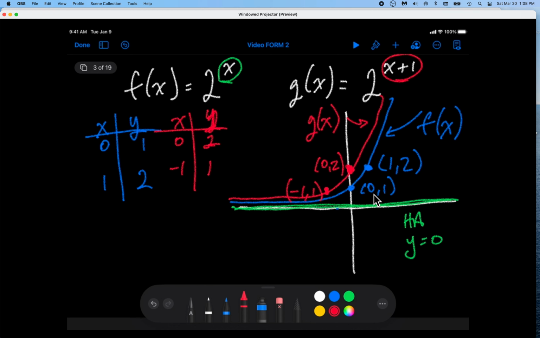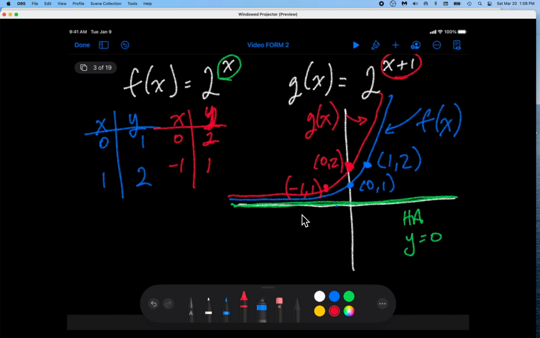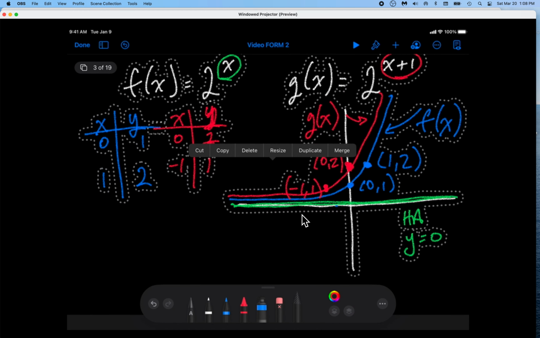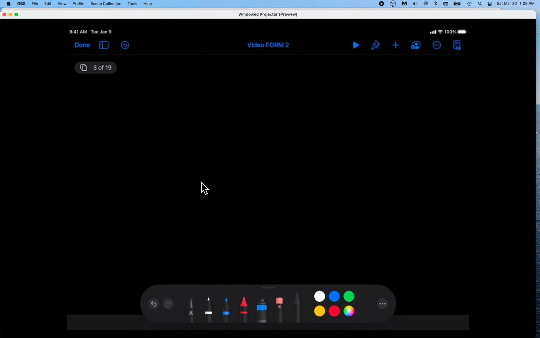So this x value went from 0 to -1. This value went from 1 to 0. And in both cases, the y values stayed the same. That is the graph of the exponential function. Let's go to the next problem.